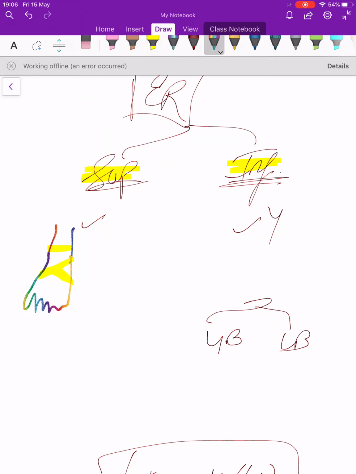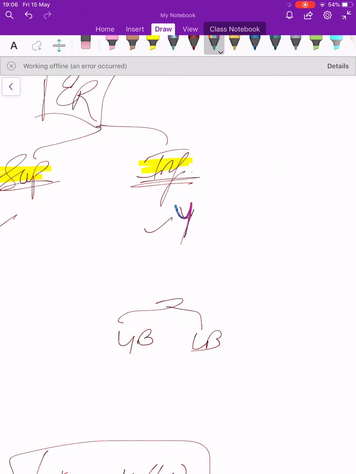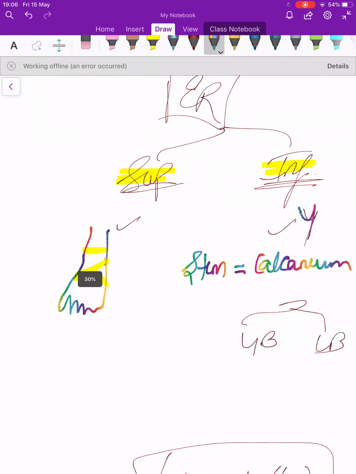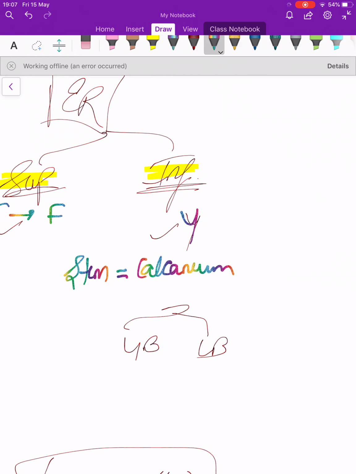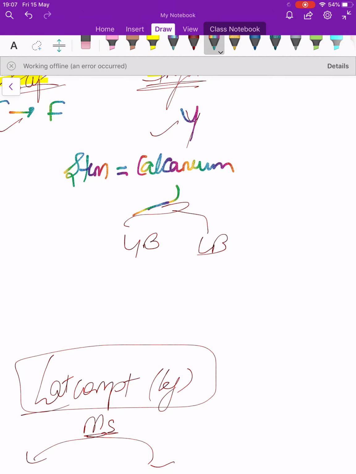So what is the superior? It extends from the lower end of the tibia to the lower end of the fibula. And the inferior extensor retinaculum is Y shaped, and the stem of the inferior is attached to the calcaneum and bifurcates into two, an upper band and a lower band.